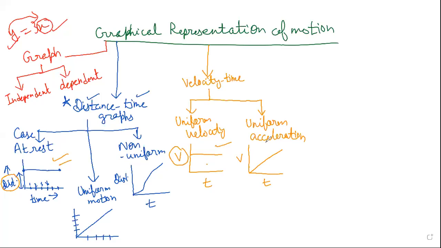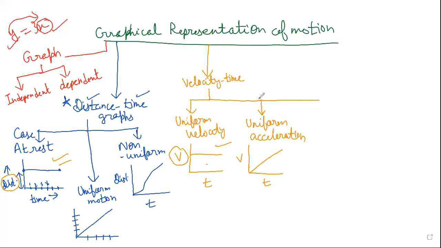This is uniform. So from the velocity time graph, we can calculate. So this is uniform velocity, this is uniform acceleration.